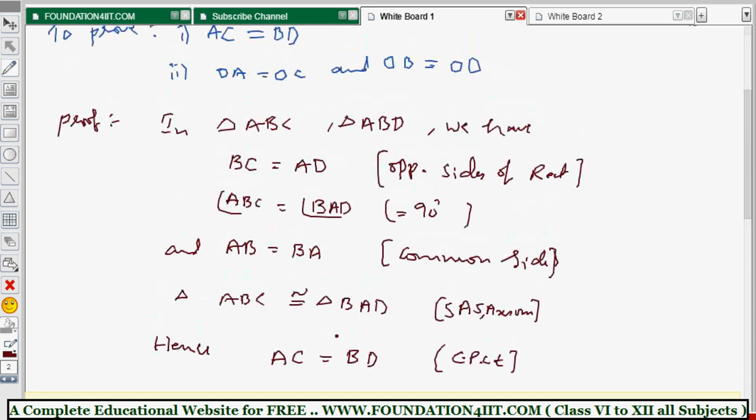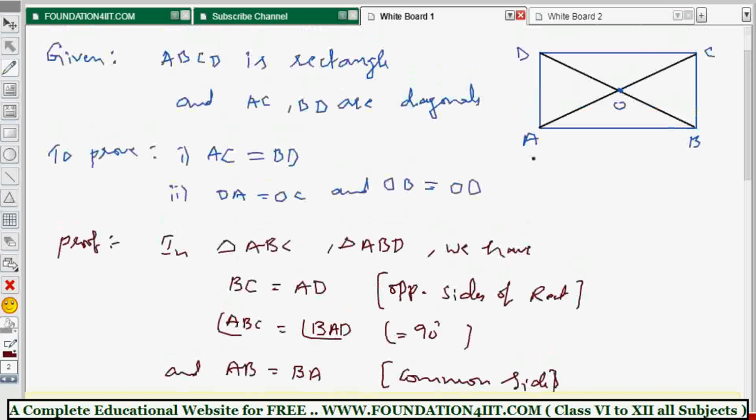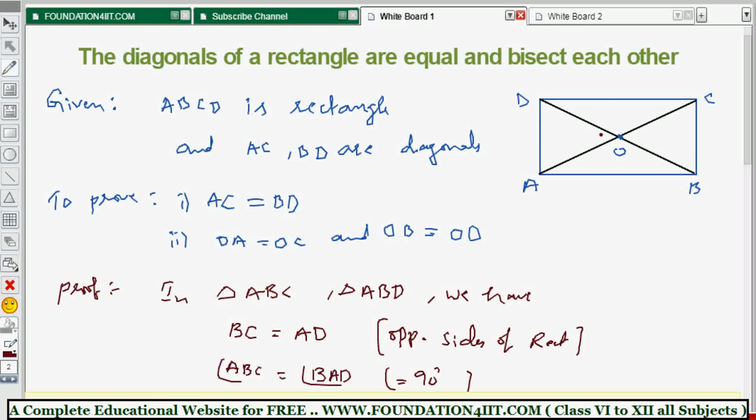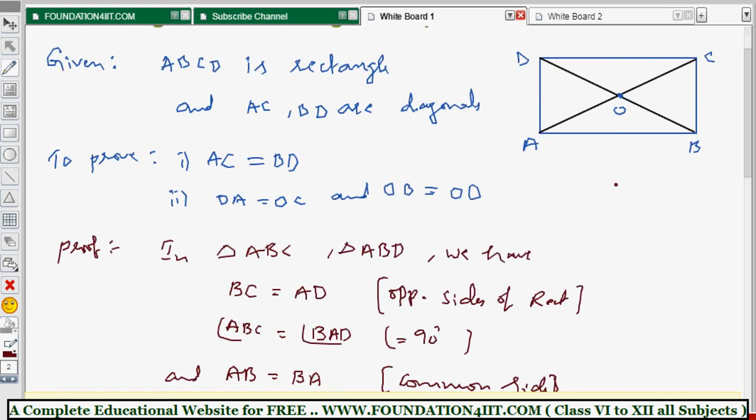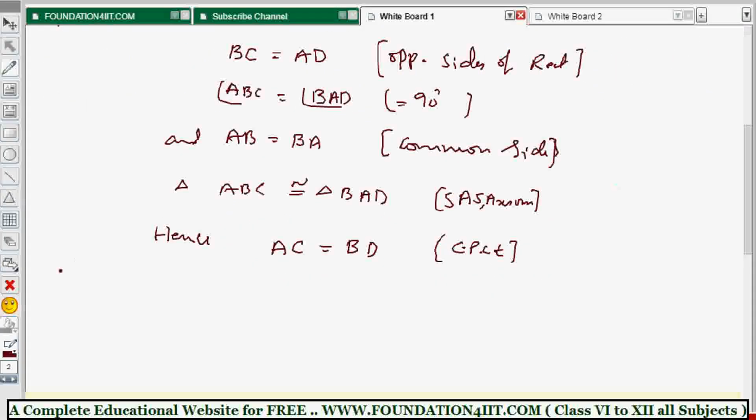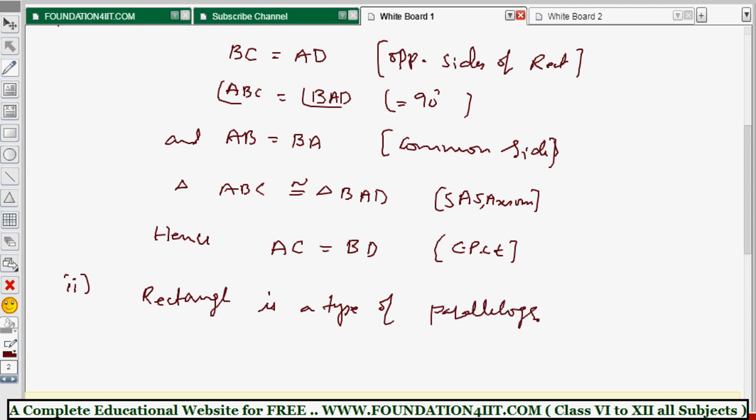And we need to prove the intersecting part, that is, they bisect each other. That means we need to prove AO equals OC and OD equals OB. For the proof of this, you can write this statement directly: a rectangle is a type of parallelogram.